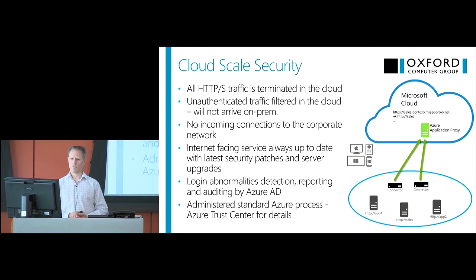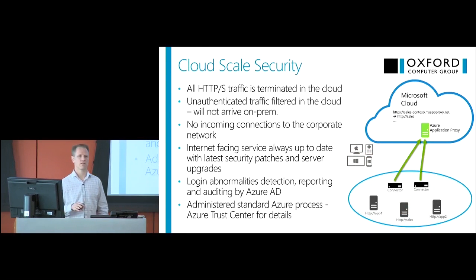All right. Quickly through the last parts of this. We operate obviously at cloud scale. We provide a bunch of filtering. We terminate traffic at our end, up at the app proxy service. It allows us to make sure that if you're doing pre-authentication, no unauthenticated traffic hits your on-prem environment.